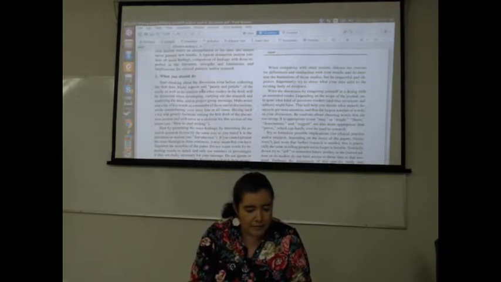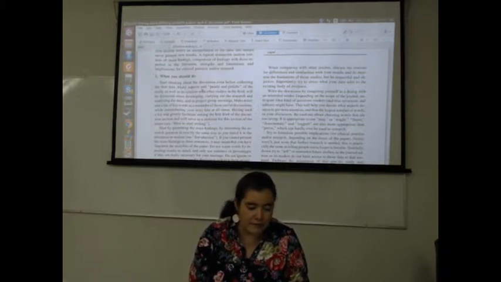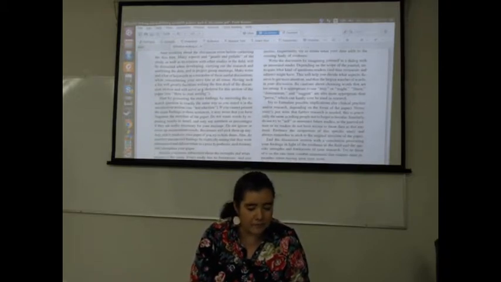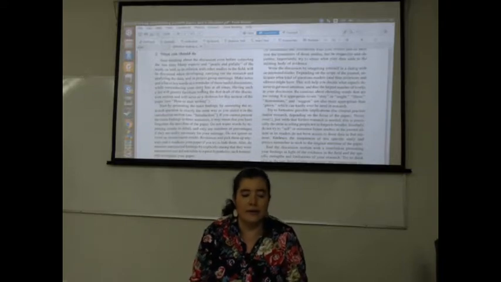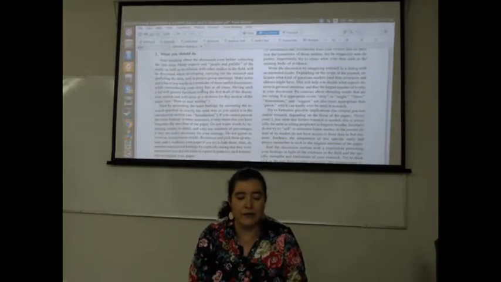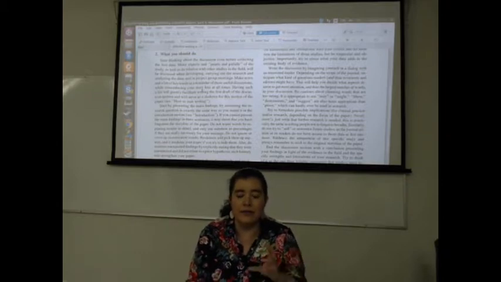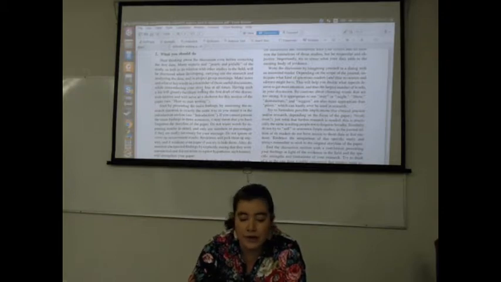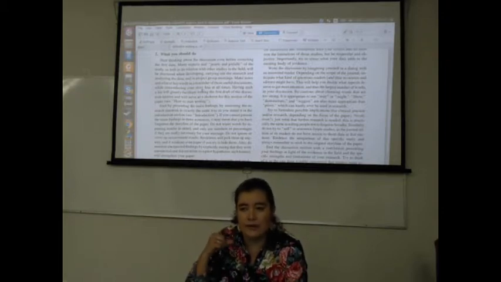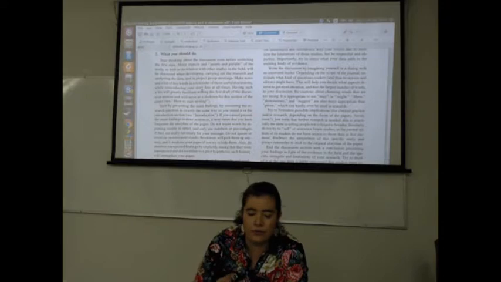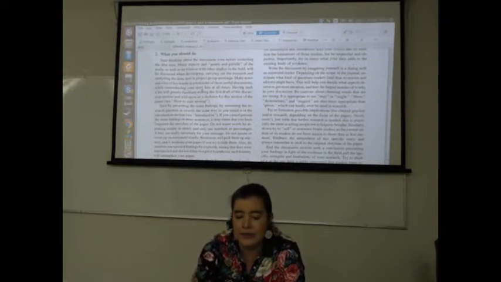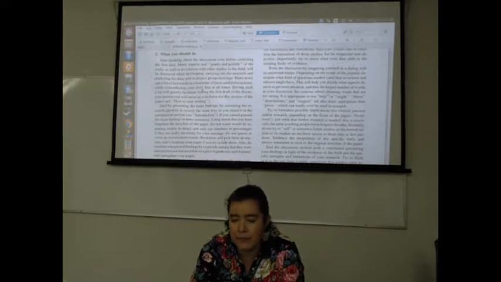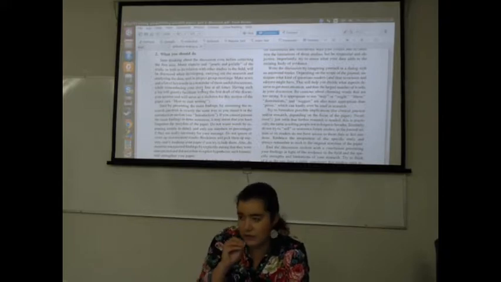Start thinking about the discussion even before collecting the first data. Before collecting data, when you are reading the text to construct your literature review, you have to think, okay, this concept is nice, it's good, but how am I going to collect the data to prove my point using this concept.